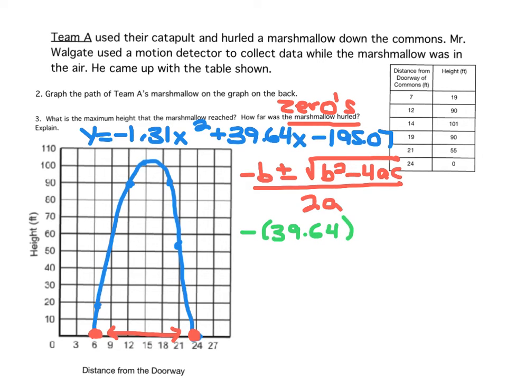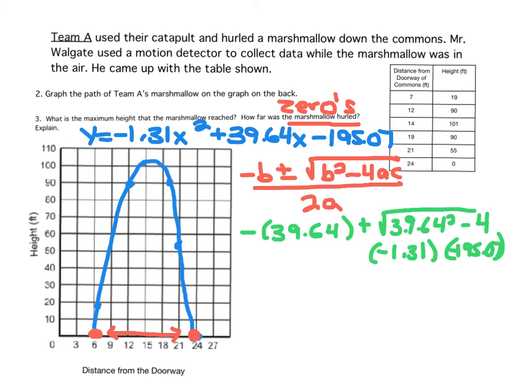And let's go with plus first, the square root of 39.64 squared minus 4 times our a value, which is -1.31, times our c value, -195.07. And then we're going to take all of that and divide it by 2 times our a value, which is -1.31. So that'll give us our first x value.